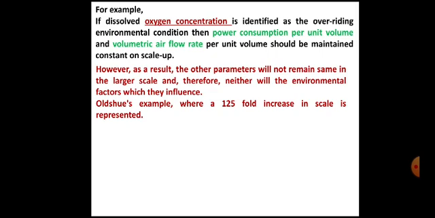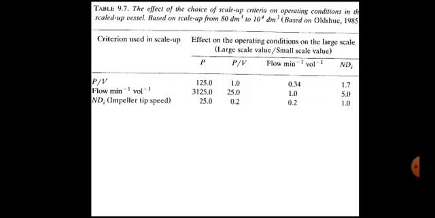In this example, the old shoes example, where there is a 125 fold increase in the scale, is represented in this table. You can see the first column is the criterion used in scale up: power by volume, volumetric airflow rate, and impeller tip speed. Second column is the effect on the operating conditions on the large scale.